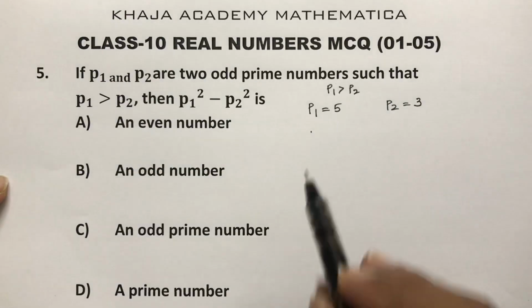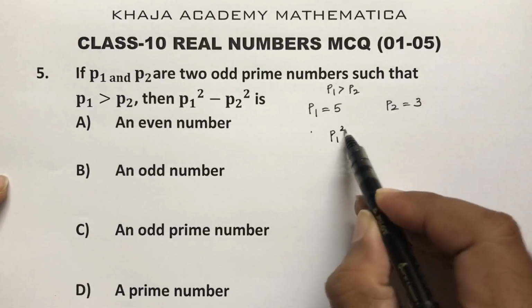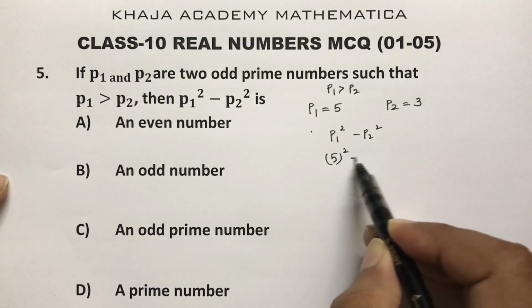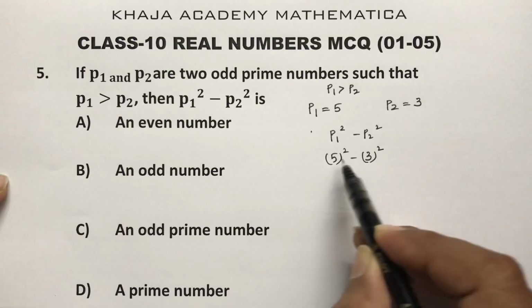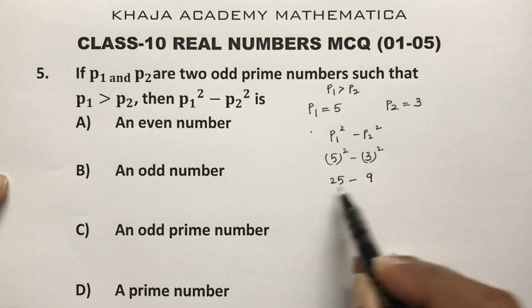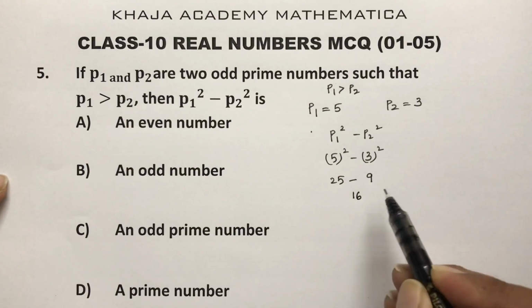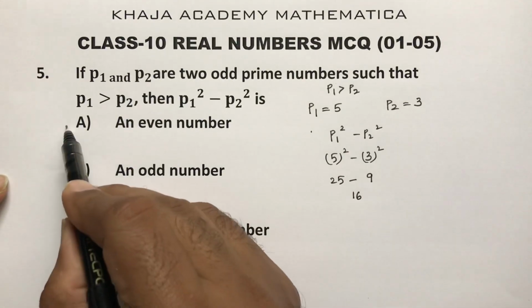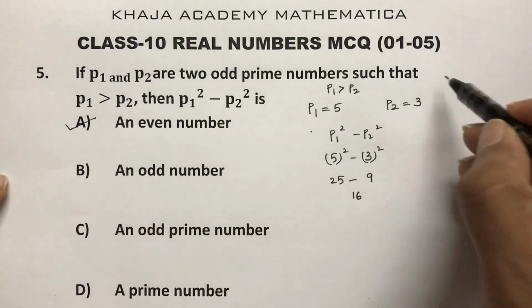Now calculate P1 square minus P2 square. 5 square minus 3 square. 25 minus 9 is 16. So 16 is an even number. So the correct option is A.